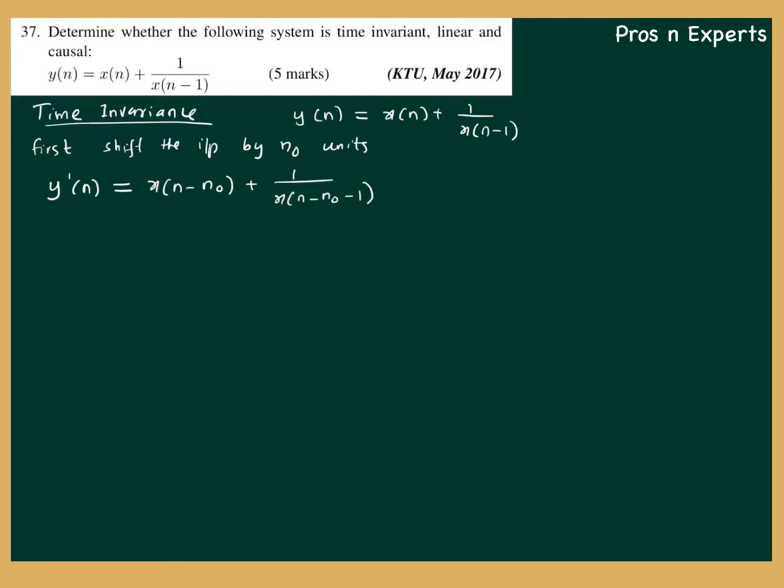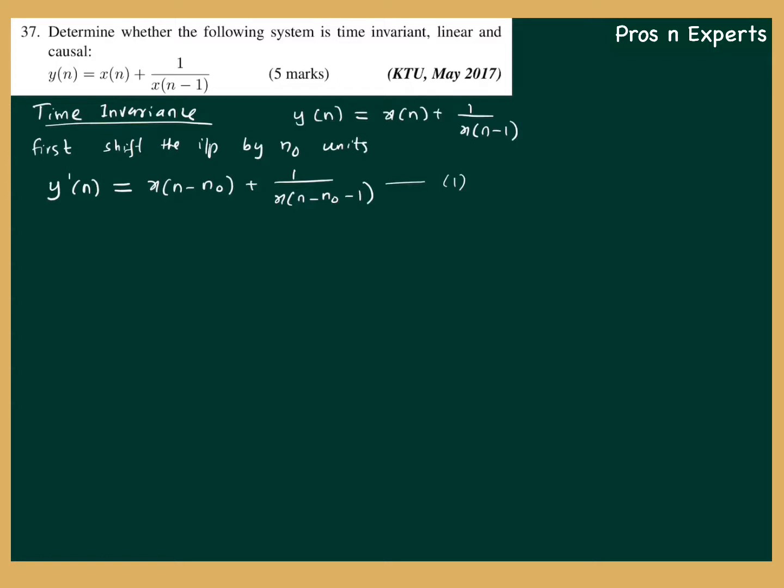Okay, the input is shifted. Wherever you can see the input, here x of n is shifted by n0 units, meaning x of n minus n0. Here x of n minus 1 is there, so replace n by n minus n0, and you will get x of n minus n0 minus 1. Okay, that's how we got this equation, and name it equation number 1.